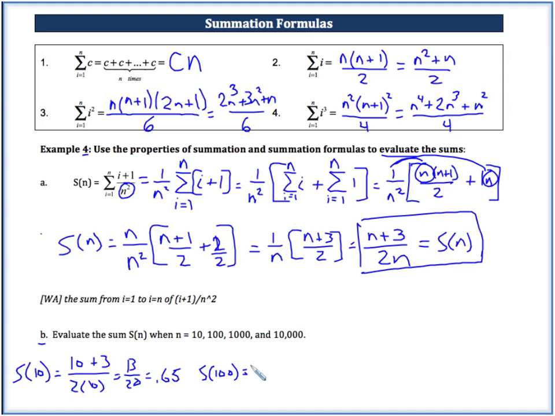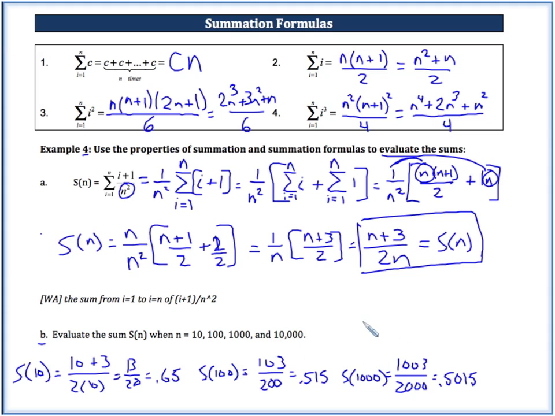So we'd get 103 over 200, and that is 0.515. Let's see, S of 1,000. That would be 1,003 over 2,000, which is 0.5015.